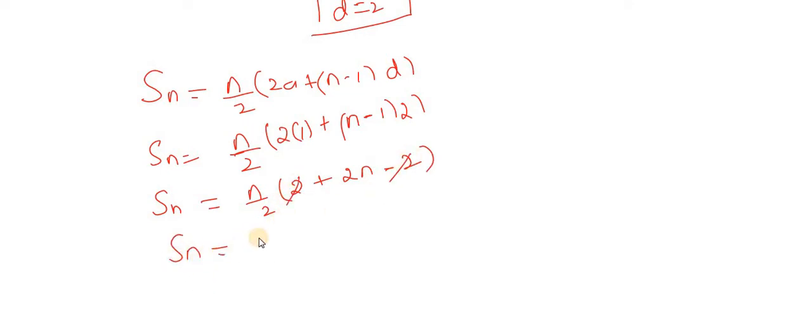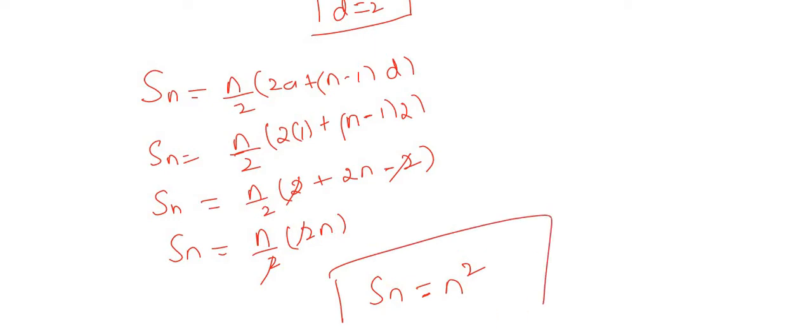Sn is equals to n by 2 into 2n. Again here 2 and 2 get cancelled. Therefore Sn is equals to n into n, which is n square. Therefore this is the solution. Is that clear? Sn is equals to n square. Okay, we'll go for the next problem.